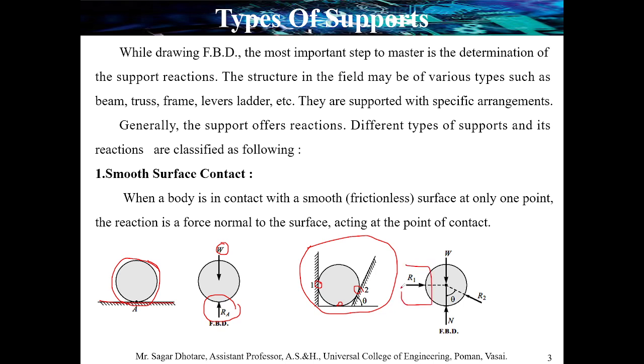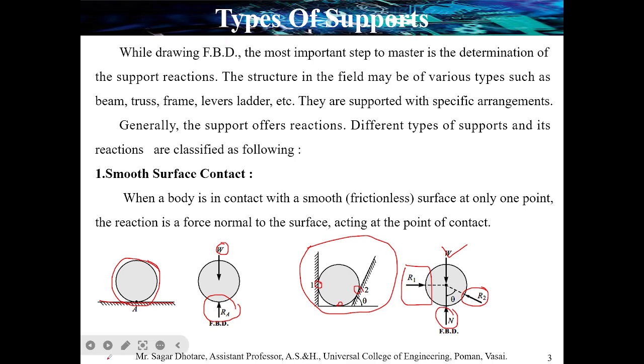First, RA, which is perpendicular to the first surface, R1. R2 is perpendicular to the second surface, that is number 2, and reaction N, that is normal reaction with respect to the horizontal surface. And the fourth force is its own self weight.